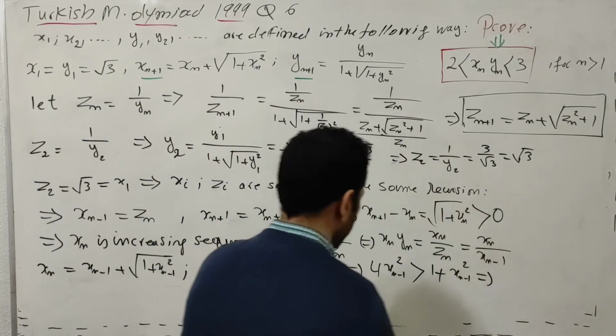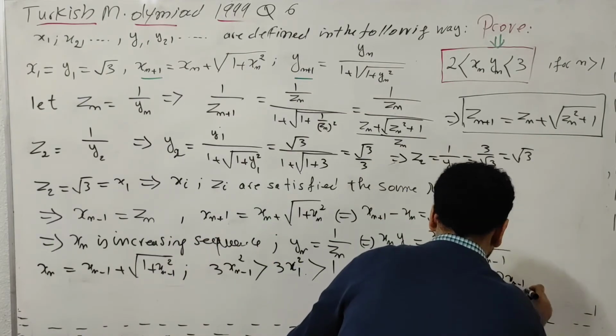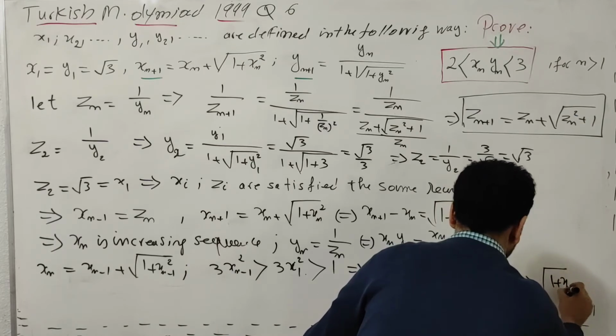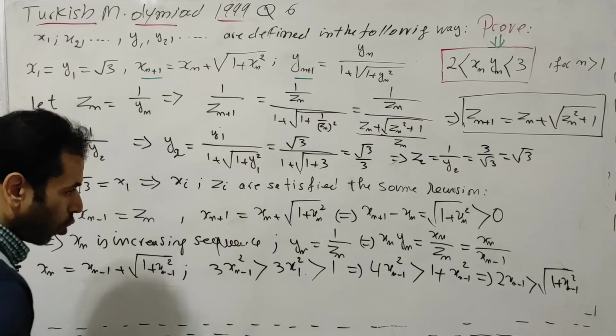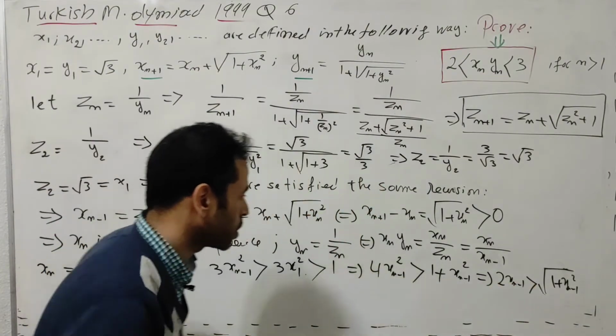I'm going to take the square root of both sides. So we'll have 2 x sub n minus 1 strictly superior than square root of 1 plus x sub n minus 1 squared. Okay? And also, I'm going to add one more x sub n minus 1 on both sides.